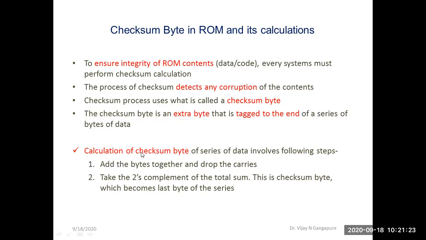Now, how do we calculate that checksum byte? The calculation of the checksum byte of a series of data involves two steps. First, we have to add the bytes together and drop the carries.